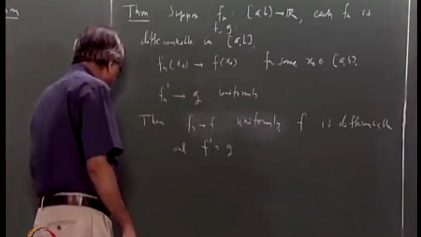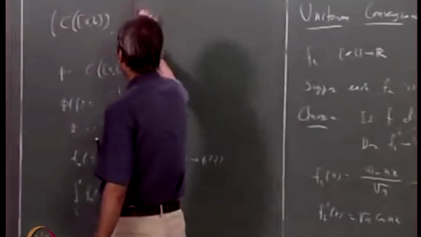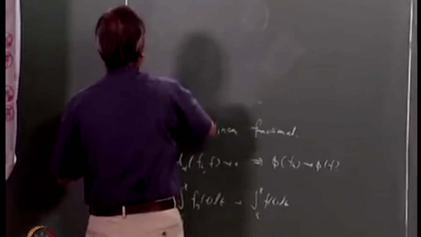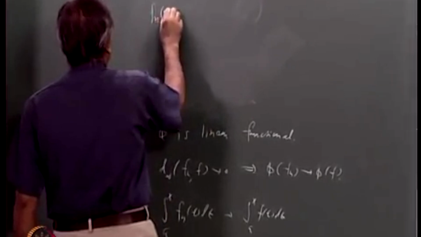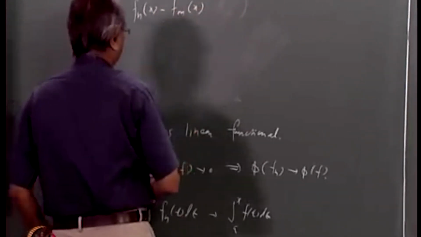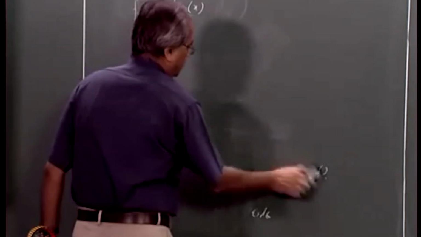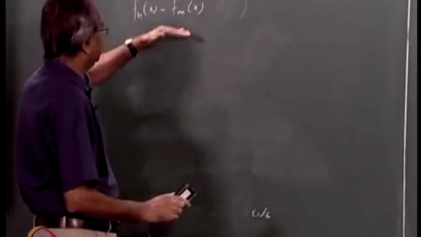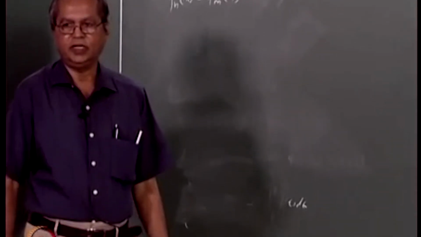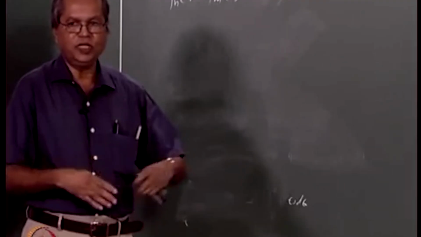To show that it satisfies the Cauchy criteria, what we'll have to show is that if you look at fn x minus fm x, we have to show that this quantity can be made arbitrarily small by choosing n and m sufficiently large, and that small number should be independent of x.